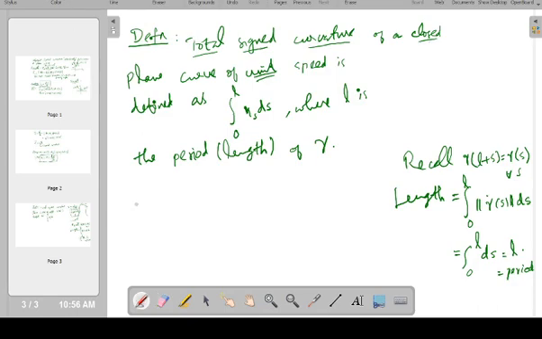We will prove a proposition. The total signed curvature is an integral multiple of 2 pi.